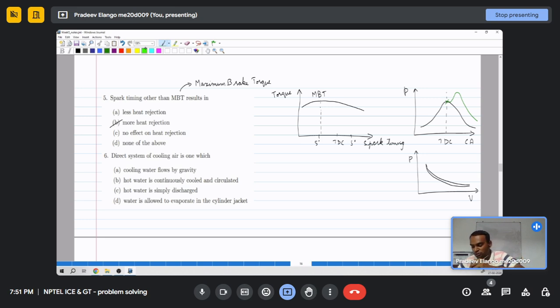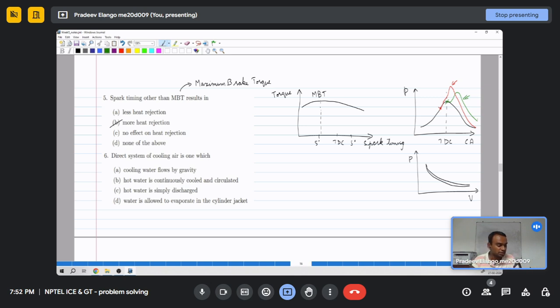But if you have a spark timing where you have a spark here, there is an ignition delay, and then it slowly rises, and then goes higher, and then comes like this. Now most of the combustion happens just after TDC, right? Because of this, there is a difference between this curve and the green curve, right?